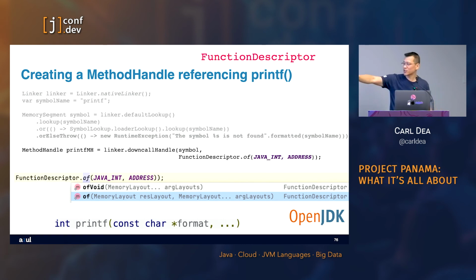There's another additional method called ofVoid, which implies that the return type is void. So the first argument will be the first argument of the C function. The idea is to save a little bit of typing. You don't have to describe the return type, and it's nice because a lot of functions return nothing. You're just calling it.